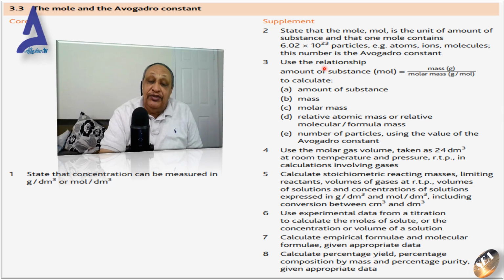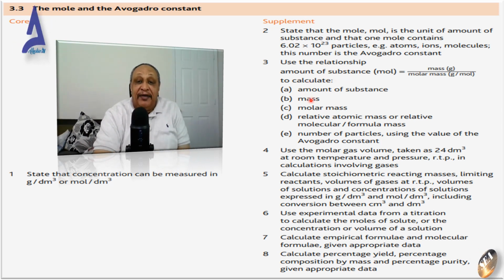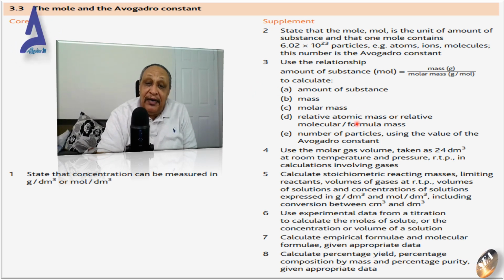We will try to solve some problems on this as an application, and meanwhile we are going to know what the amount of substance per mole, how many moles are there, the mass and the molar mass, relative atomic mass, molecular formula mass, and number of particles using the value of Avogadro's constant.